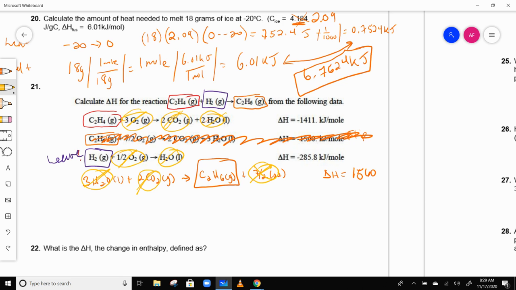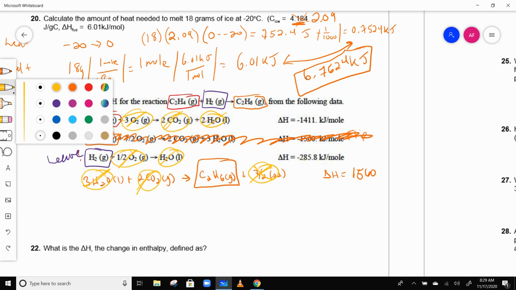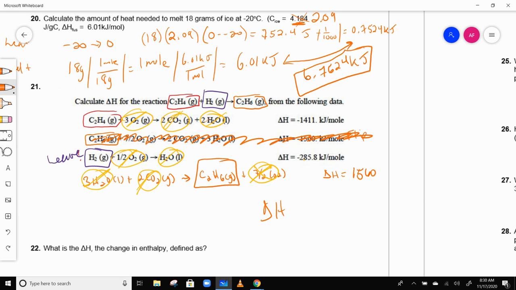So the overall delta H would be this one plus this one plus this one. Overall delta H equals, hold on, 1411 plus 1560 plus negative 285.8, and I got negative 136.8.